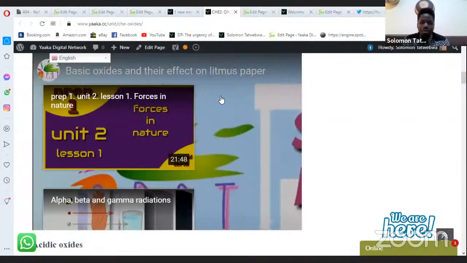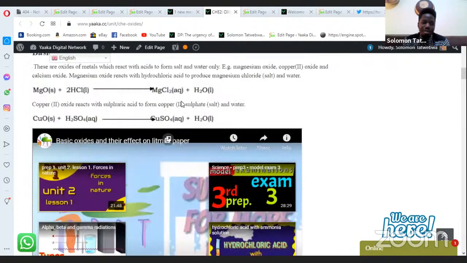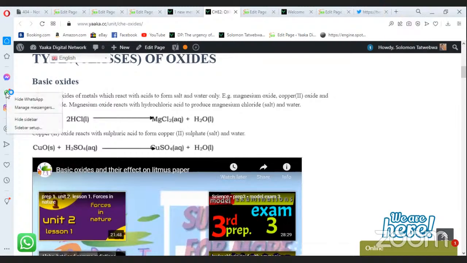Okay, so that's it. That is magnesium oxide, one of the best examples for basic oxides.